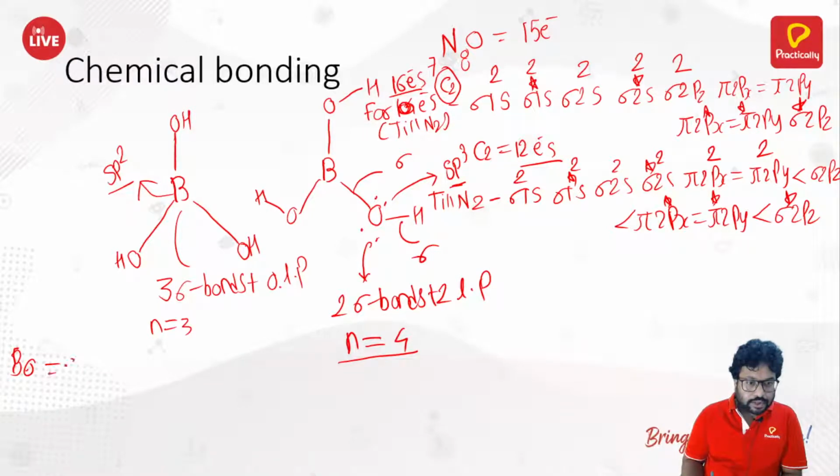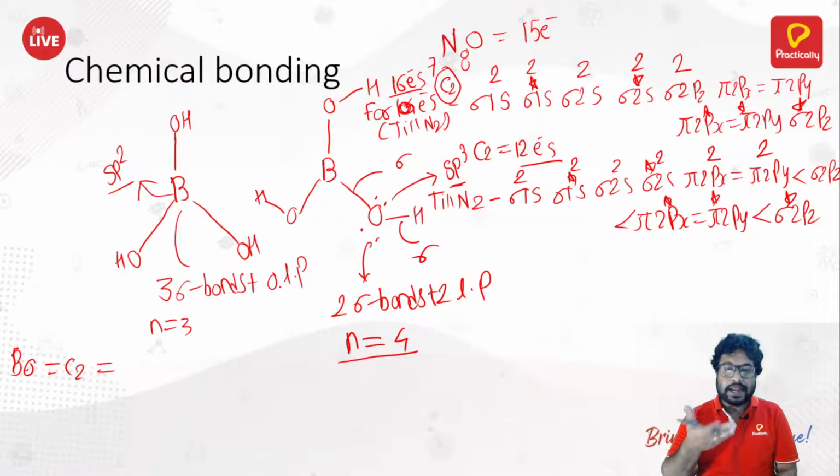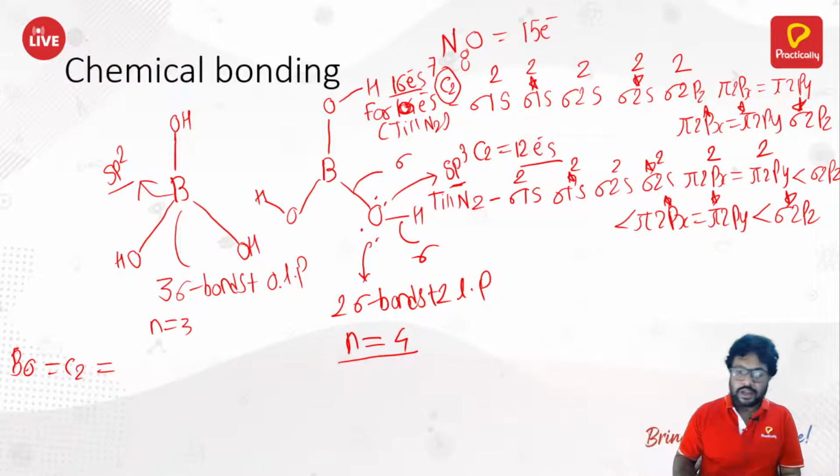Bond order for C2 has to be, how many electrons are there in bonding? We know the formula for bond order, right? It is number of electrons in bonding minus number of electrons in anti-bonding, divided by 2. So you have how many electrons in bonding? You got 2, 2, 4 plus 4, 8. You got 8 electrons in bonding.